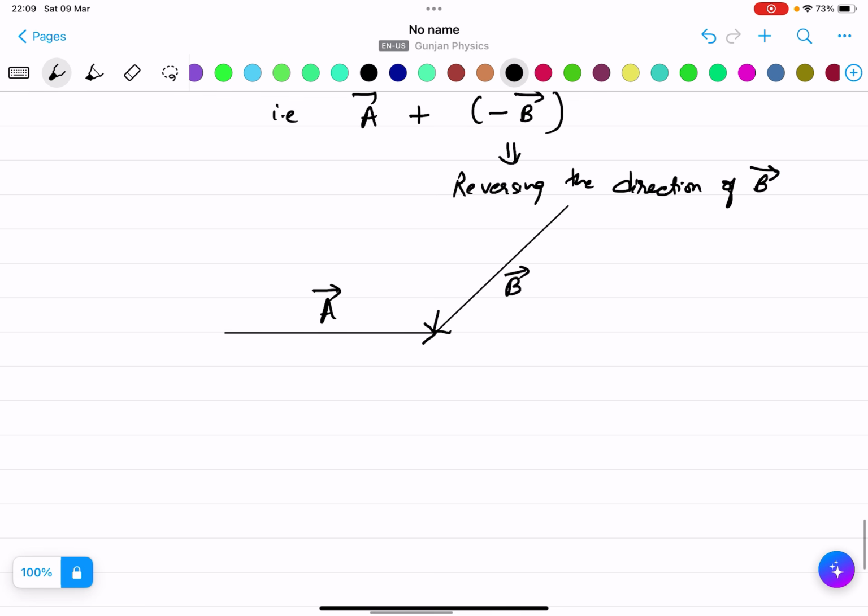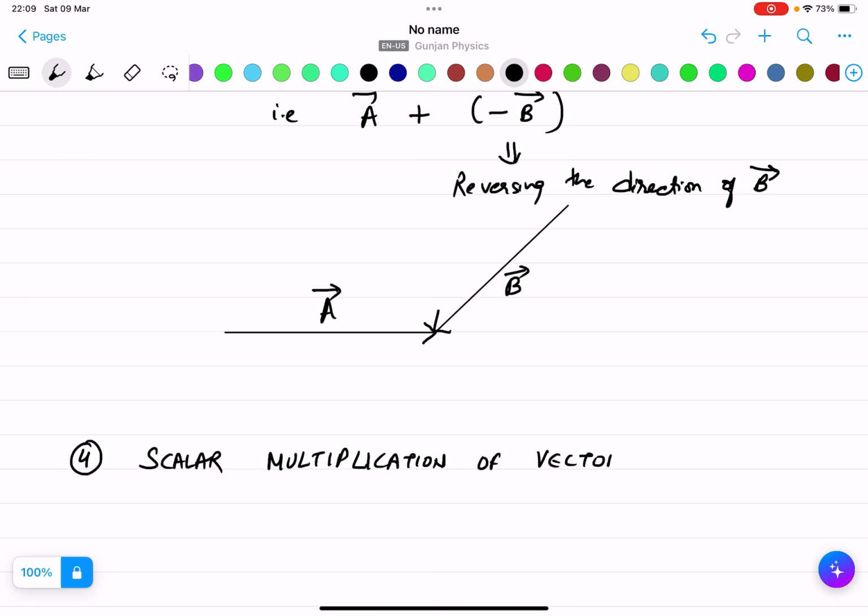Next property is scalar multiplication of vectors.